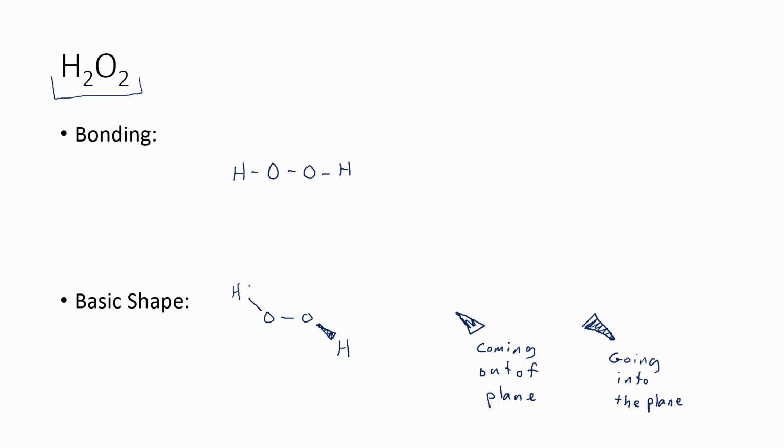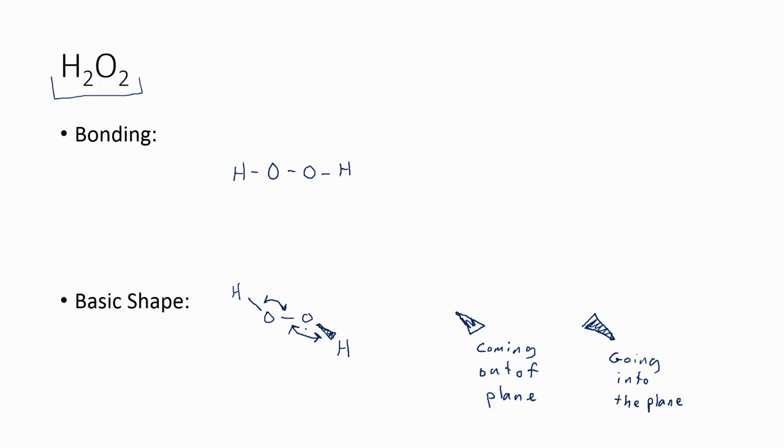Okay, so that's saying that not only do we have these angles between hydrogen, oxygen, and oxygen that are not 180 degrees, but also that there's almost like a little twist that happens here for this last hydrogen. So that's kind of showing the basics of the shape.